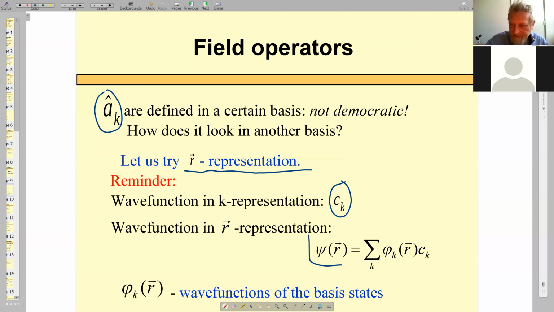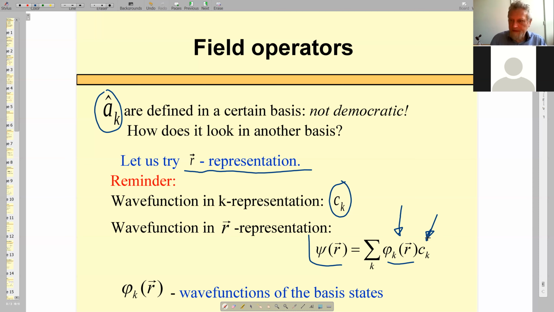I shall take basis vectors which are in our representation. For each level, I have a wave function, and it is summed up with the c's, with amplitudes. So we will use wave functions of the basis states.